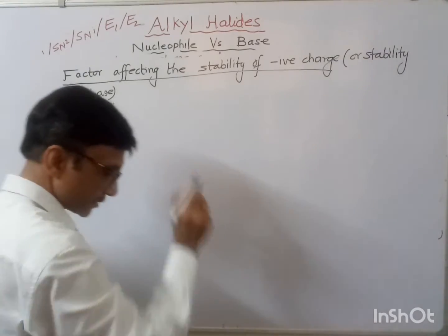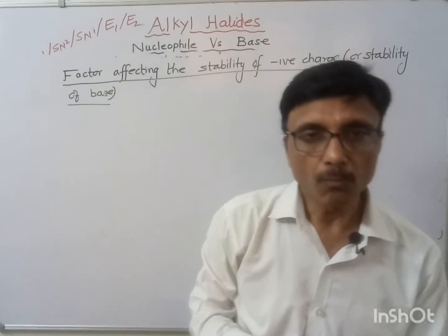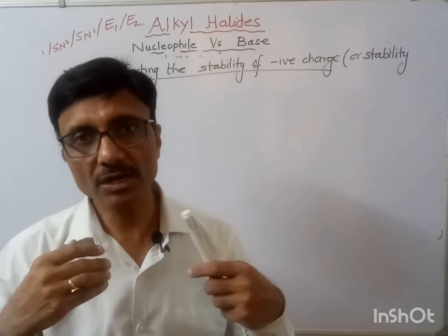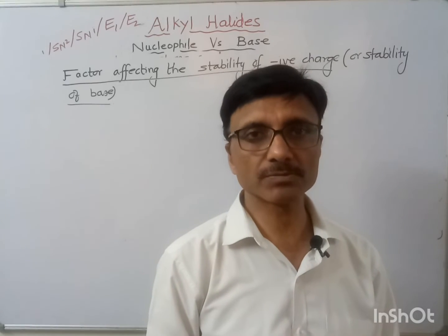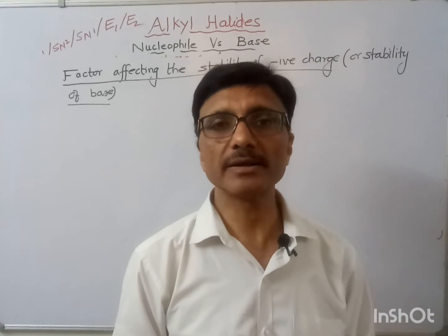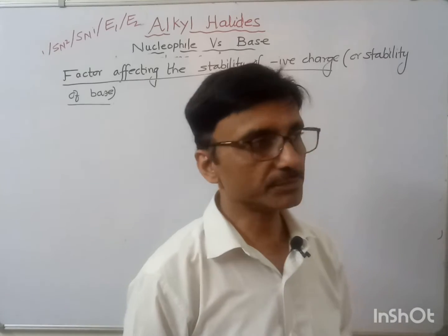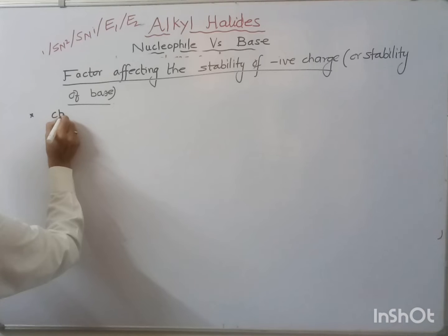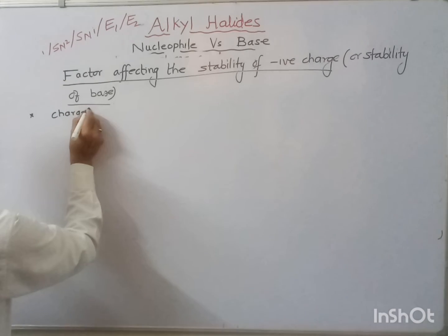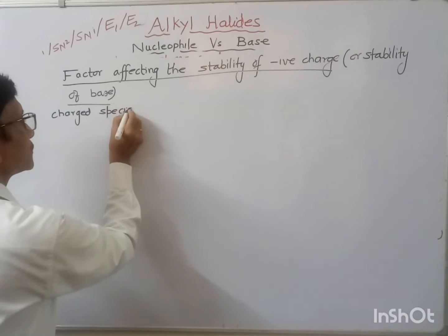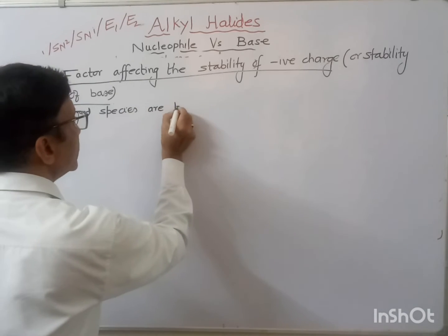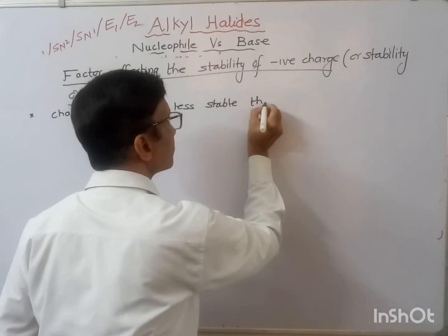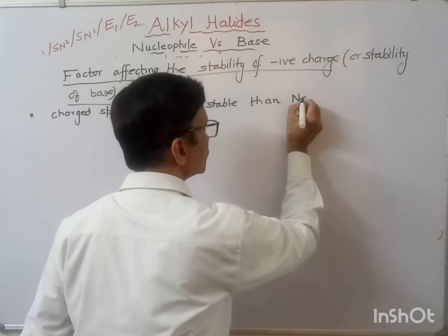So one thing is clear: the more charged a species is, the less stable it is. Highly charged species are less stable than neutral species.